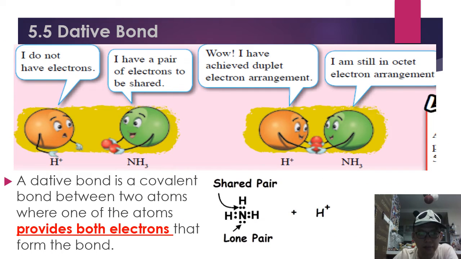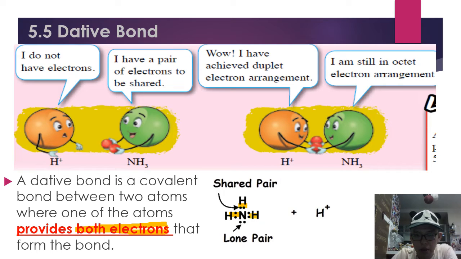And what is a dative bond? It is the covalent bond between two elements where one of the atoms provides both electrons. I want to emphasize both electrons that form the bond. As you can see, nitrogen, we have the ammonia compound. So the ammonia compound has 3 hydrogens forming covalent bonds with the nitrogen atom in the center.